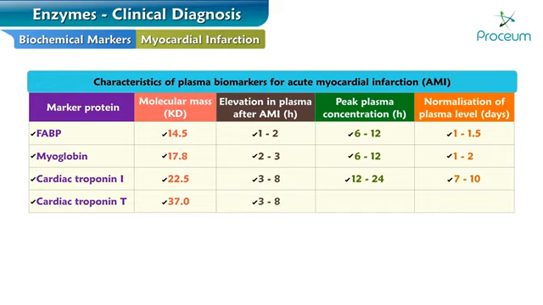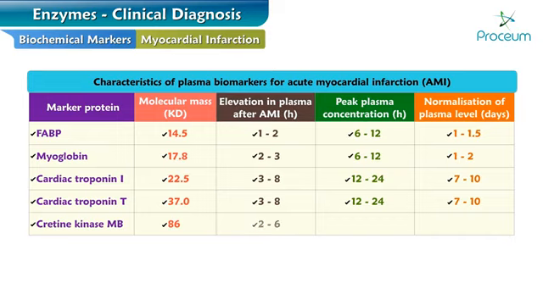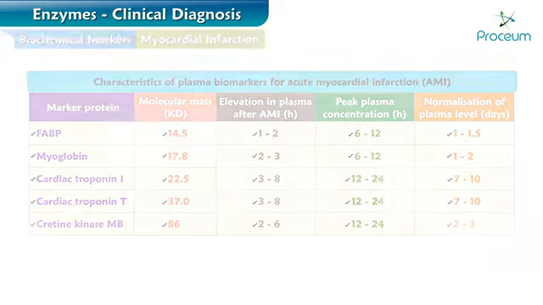The peak plasma concentration is 12 to 24 hours, and the normalization of the plasma level is 7 to 10 days. And finally, creatine kinase MB has a molecular mass of 86. The elevation in plasma after AMI is 2 to 6 hours, the peak plasma concentration is 12 to 24 hours, and the normalization of the plasma level takes 2 to 3 days.